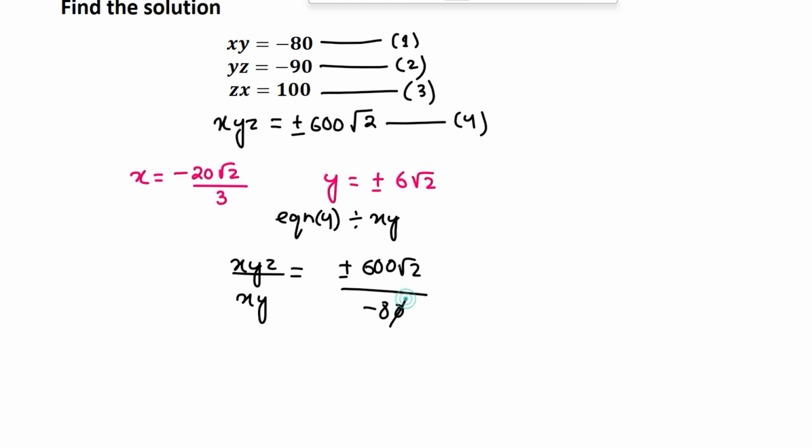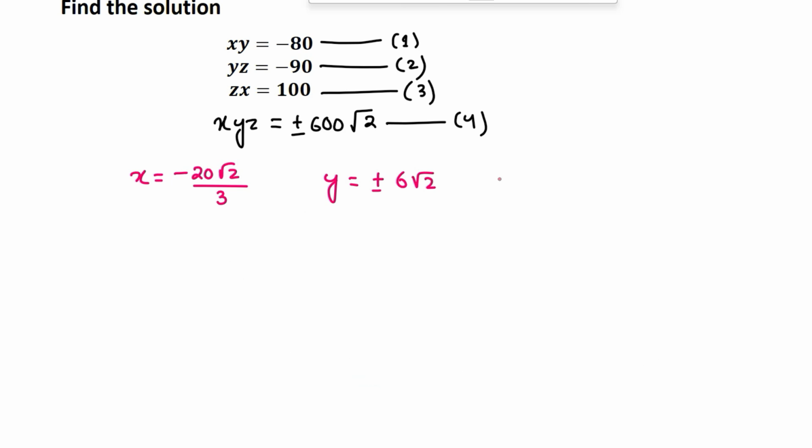The zeros cancel each other, and here x and x, y and y cancel each other, and we are left with z equals, the minus in the denominator gets absorbed by the plus or minus sign, and here we have 60 divided by 8. Dividing 60 and 8 by 4, we are left with 15 and 2. So we got z equals plus or minus 15 root 2 divided by 2.